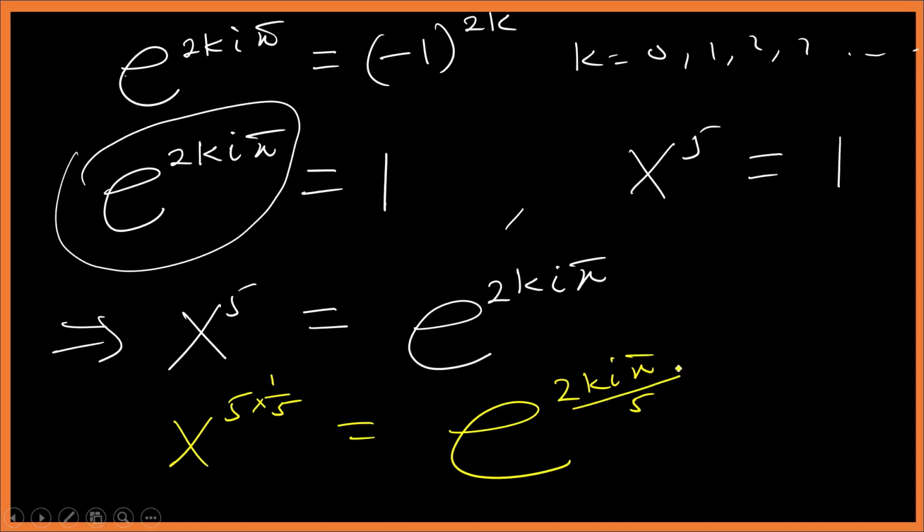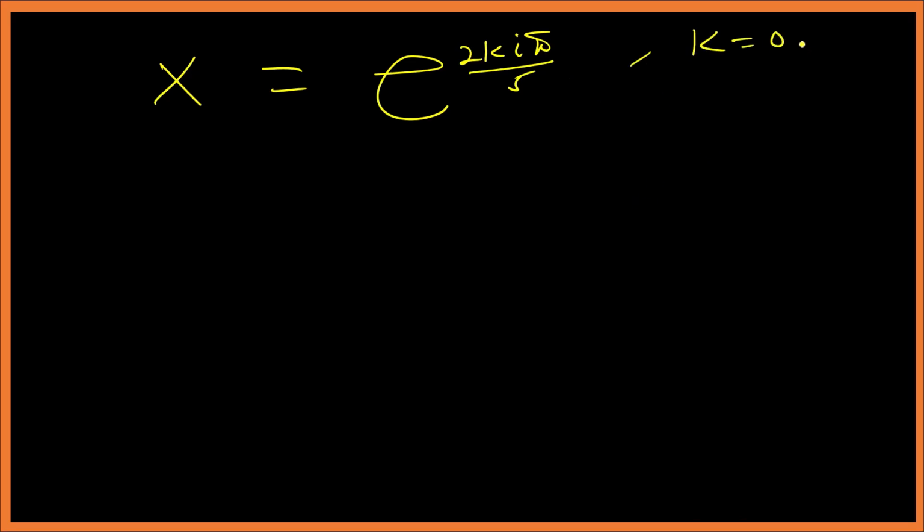So we have this one cancelling that. x equals e raised to 2k i pi on 5. Remember k takes values from 0, 1, 2, 3, 4.